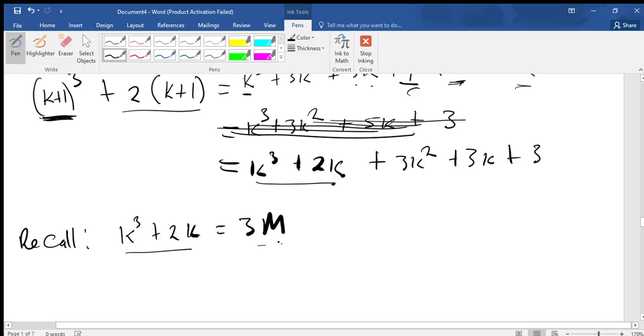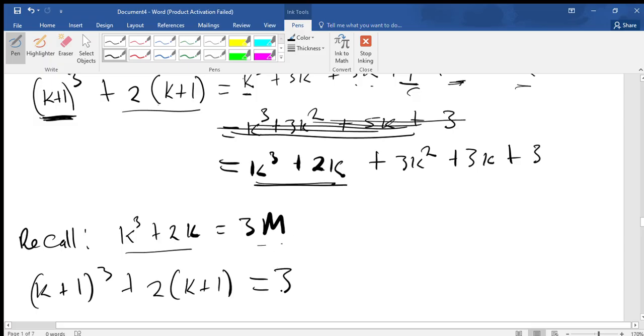So that is why the expression becomes k plus 1 power 3 plus 2 times k plus 1 equals, this is 3m, plus, adding these guys, 3k squared plus 3k plus 3. This is what we are adding to.